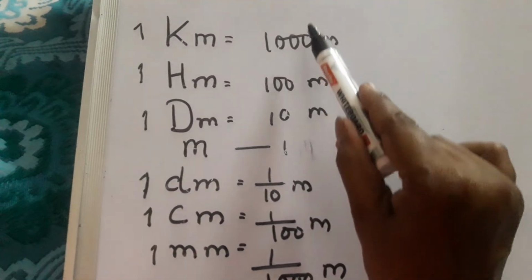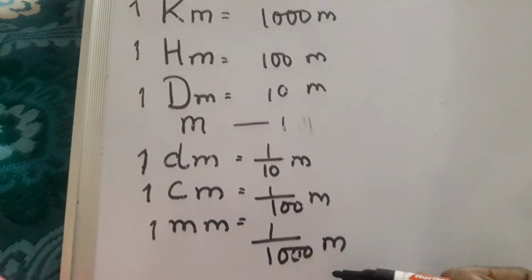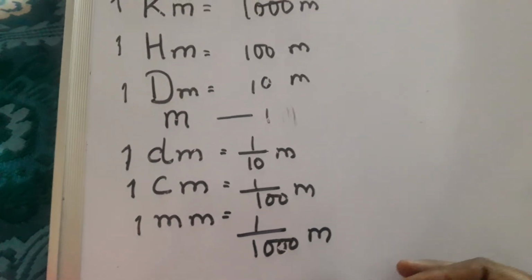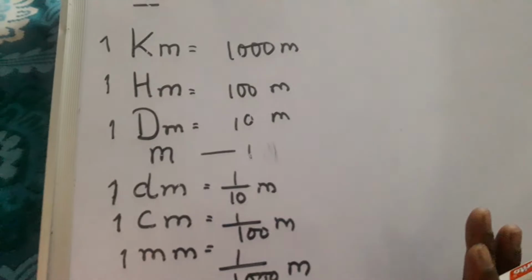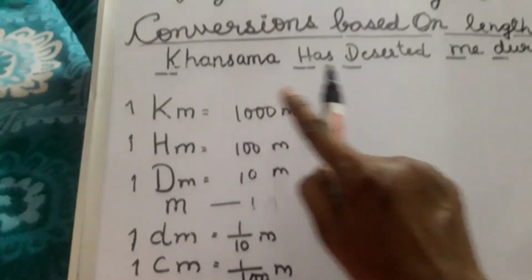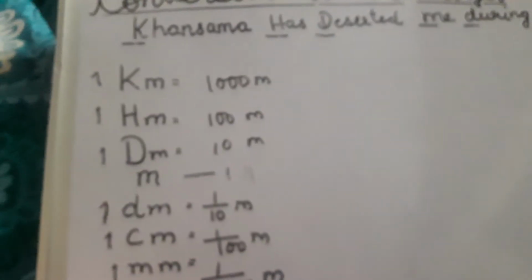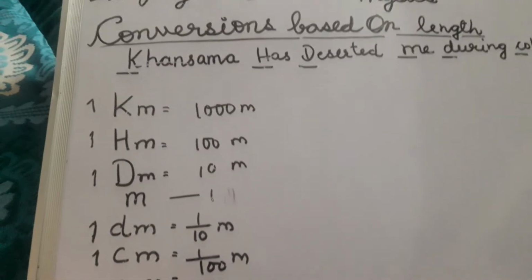As we go up, we increase by one 0. As we come down, here also 1 upon, and again increasing one 0. This way you will remember. Only one sentence you have to learn. If the sentence is learned, you are able to learn this sequence very well. Understood, children?